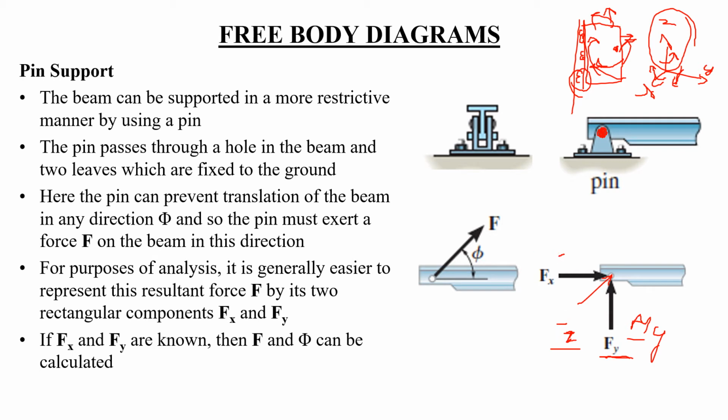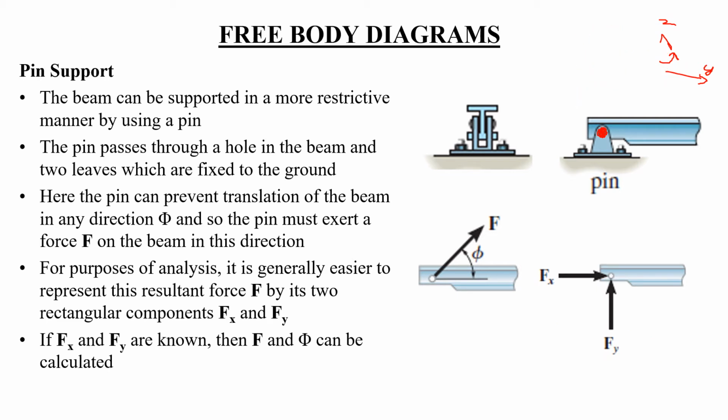Let's for now go back to this pin again. If you install a pin to this beam, now this beam can only rotate here, which is the moment axis, but it cannot move here or move here. So now your reactions are x and y.